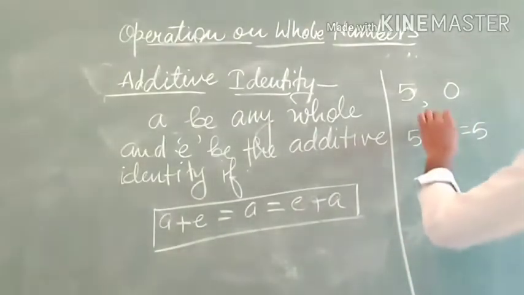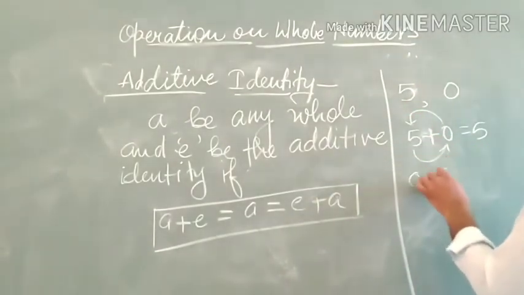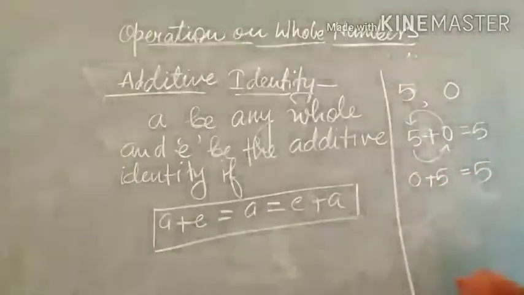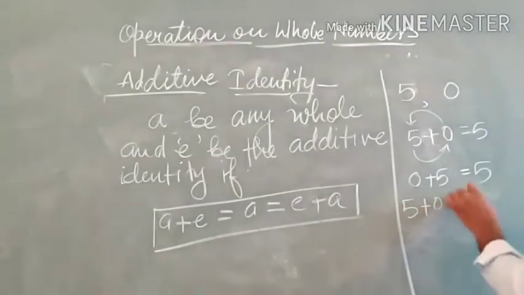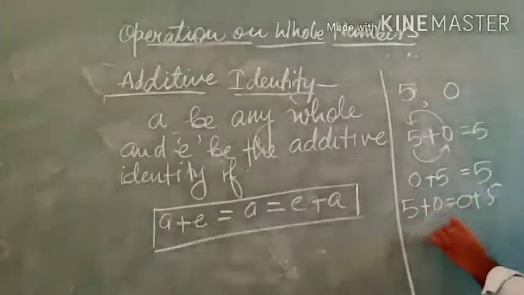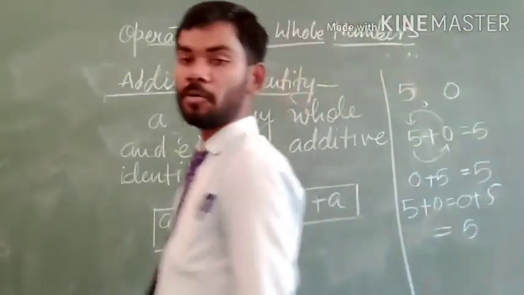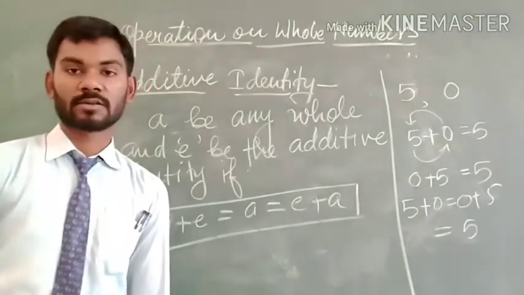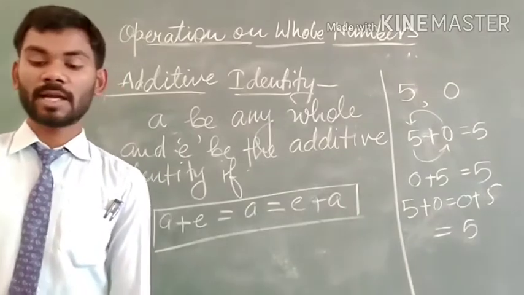Similarly, if we interchange their order, we get 0 plus 5, which again gives 5. So here we can see that 5 plus 0 is equal to 0 plus 5, and in both cases we get the result as 5. Therefore, 0 is called an additive identity. In this way we can define the additive identity.